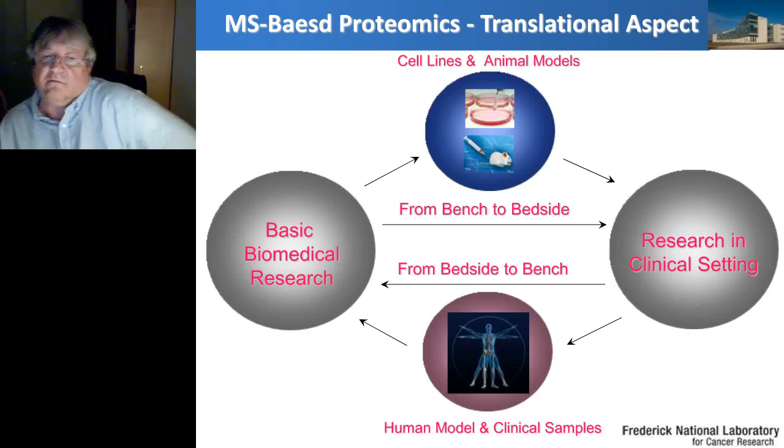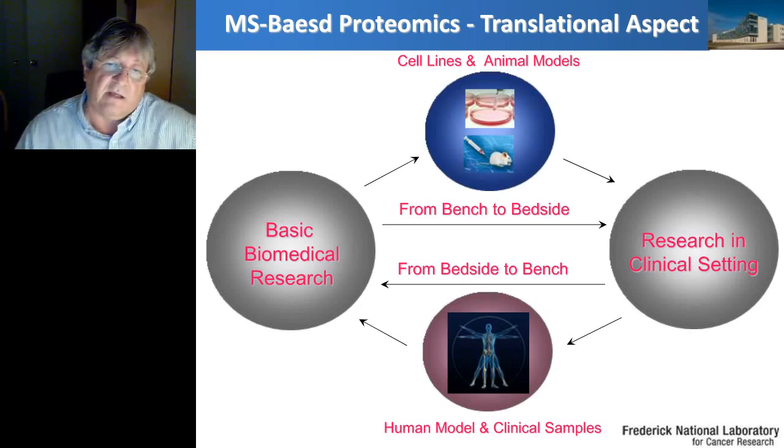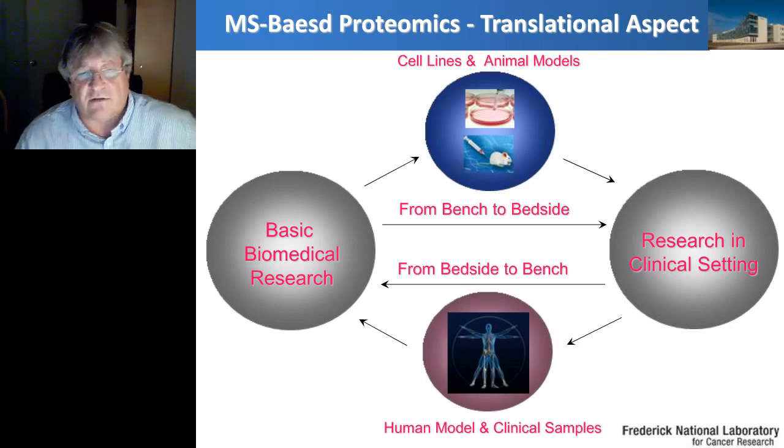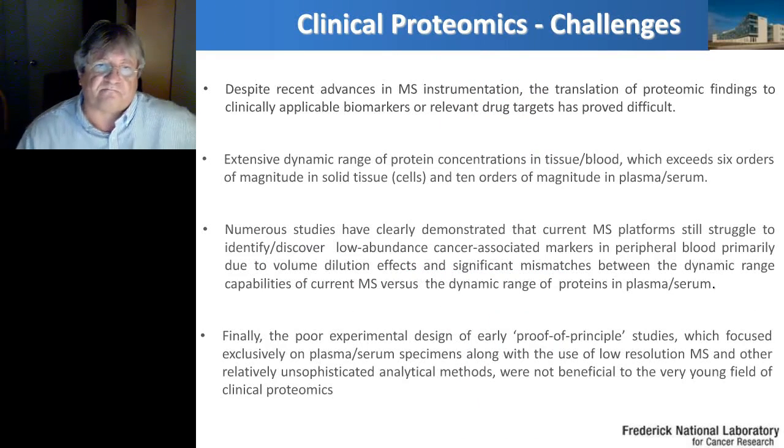That worked very well, but I think we should also go the other way, looking into human samples, human tumor biopsies, and then applying them to basic research, so that it is a full circle. This is what our lab is trying to do, emphasizing the other direction, so that the two are complementary. They do not exclude each other, but we should use the capability of having human tumor tissue and clinical samples and analyze them to make a full circle.